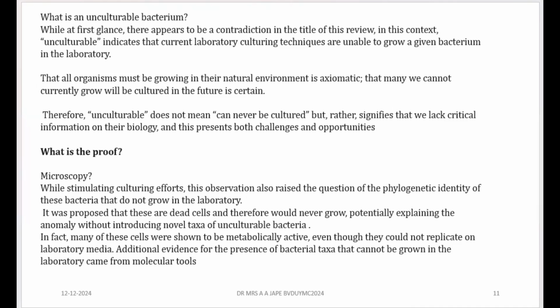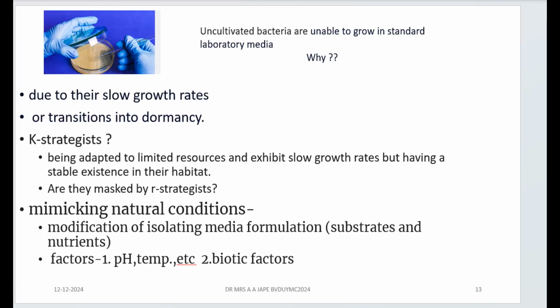Many a times it is from the dead cell, and then it will be a questionable thing. If the cells are in their metabolically active phase, even though they could not be replicated on the laboratory media, molecular data will tell us that yes, they are present, because the DNA studies are telling us that bacteria is present. But what if the DNA is coming from a dead cell? It's one of the rarest possibilities, but yes, it is there. Let me share with you one research paper presented by Woods et al. in 1987.